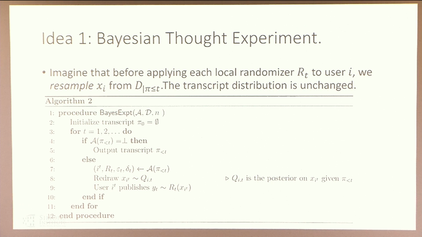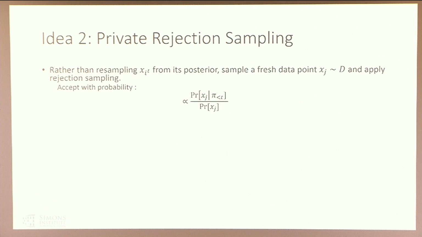Okay, right now every time before I ask someone a question, I resample their point from the posterior. Now I don't know how to sample from the posterior, but I do know how to sample from the prior, right? I can sample a new person from the distribution, and I can ask them a question. That's the kind of thing I can do with sequential interactivity. So the idea will be to try to do rejection sampling. I've got a sampling distribution, this data distribution.